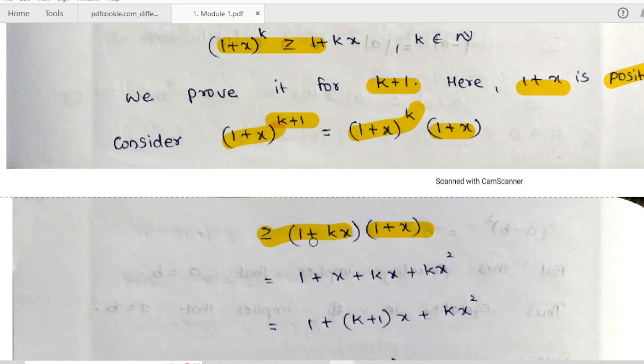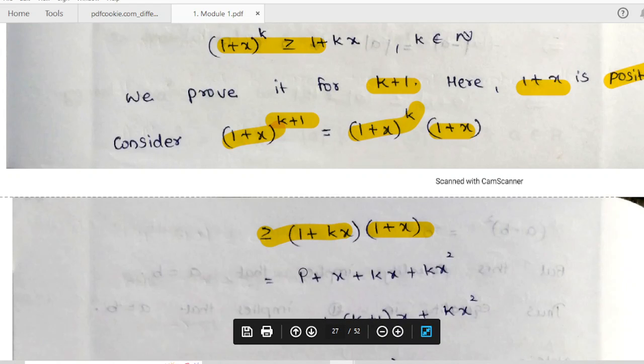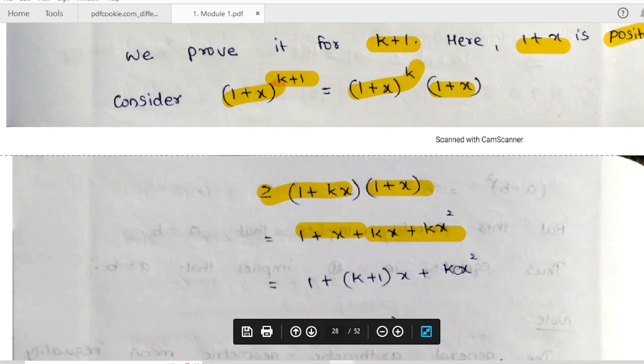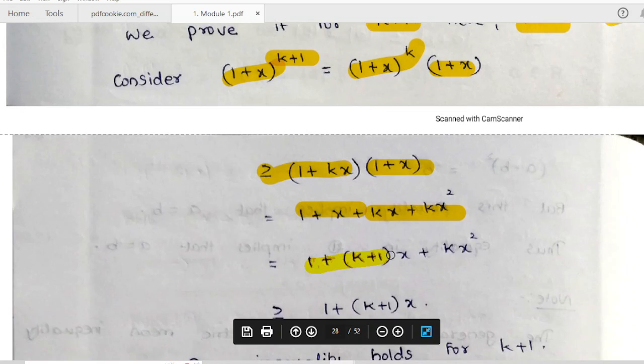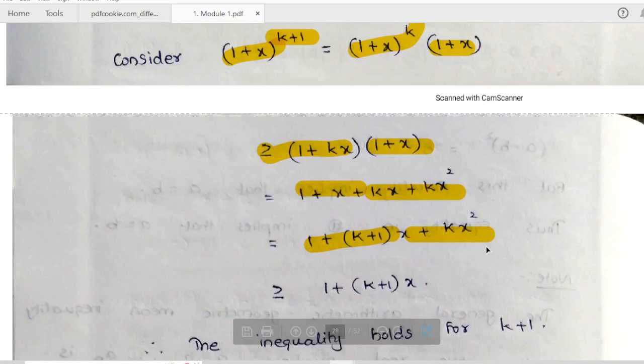And 1 plus kx into 1 plus x എന്ന് പറയുമ്പോൾ we can open the bracket: 1 plus x plus kx plus kx square. So this is equal to 1 plus k plus 1 of x plus kx square.